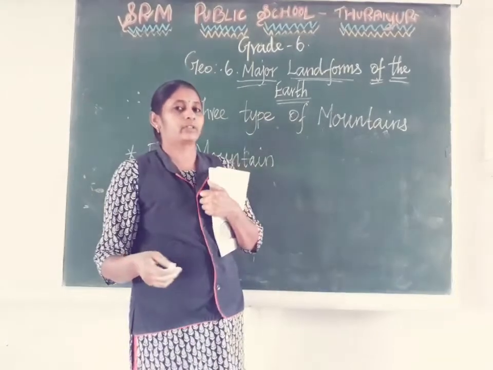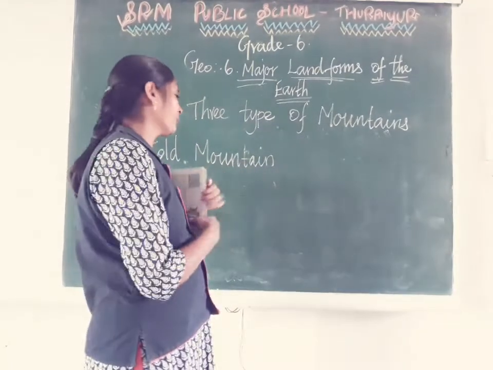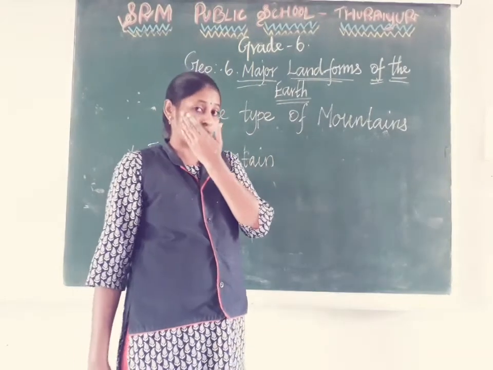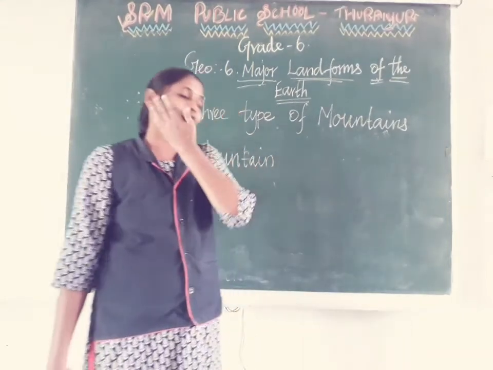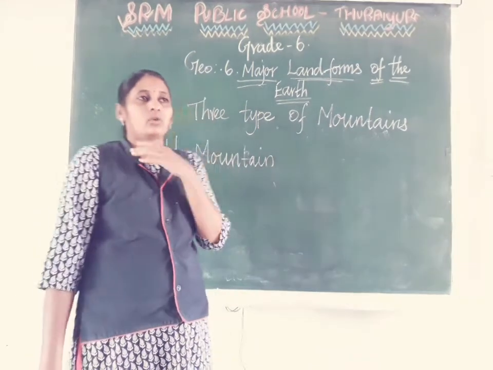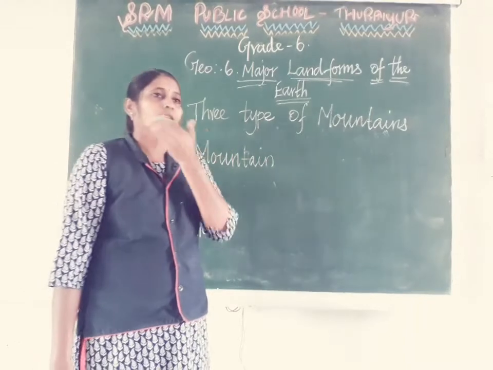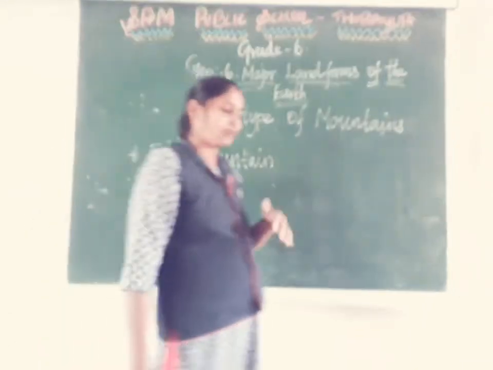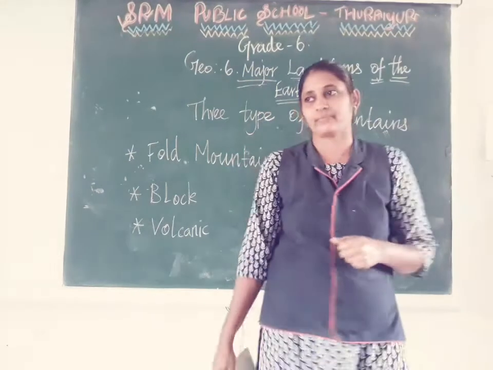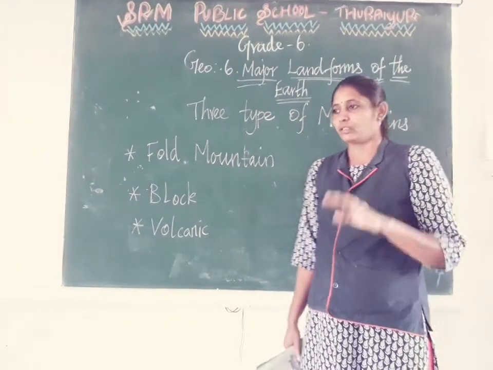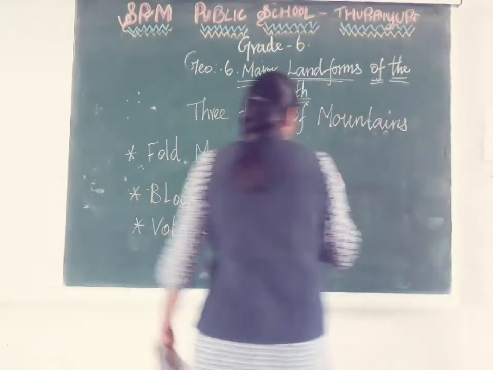So the Himalayan mountain range and the Alps mountain range are the world's young fold mountains. You should know how the Himalayan mountain range was formed. It was a long time ago. Where we have the Himalayan mountain, in that place we had a sea, the Tethys Sea.